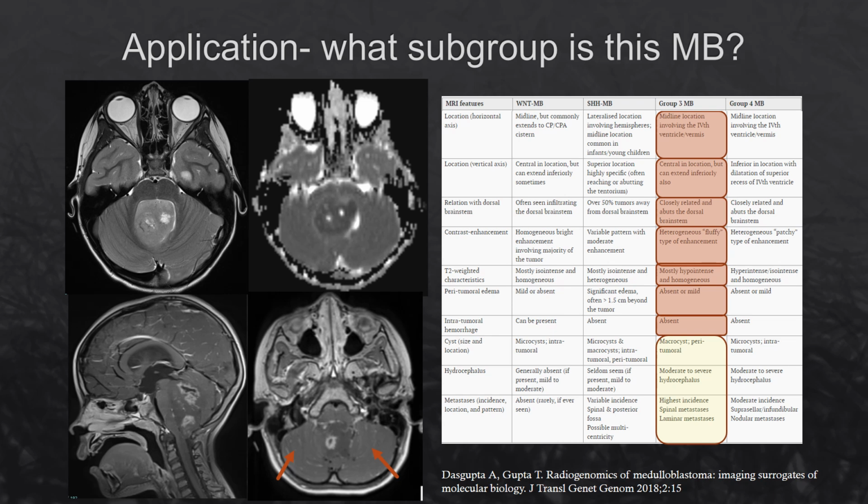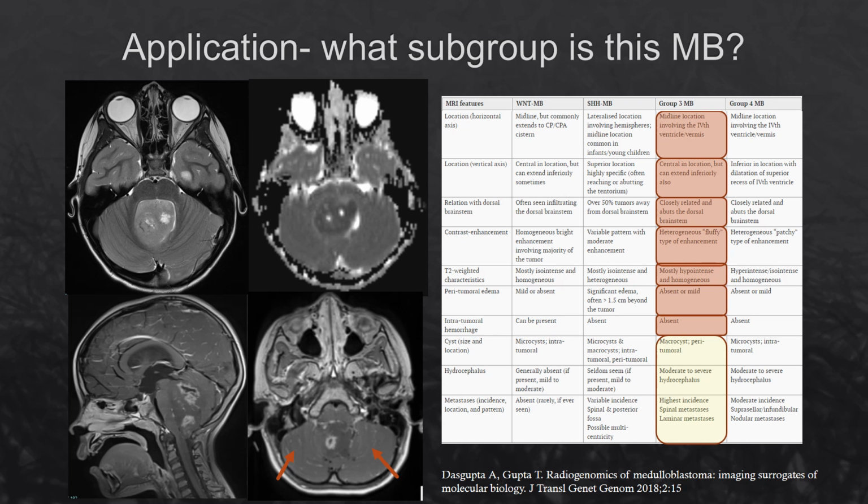So if you use the radiogenomics chart here, this is group 3 medulloblastoma based on the midline location. It abuts the dorsal brainstem, has this kind of fluffy looking enhancement, some patchy looking areas here. T2 weighted images usually are hypointense and homogeneous, which it is.